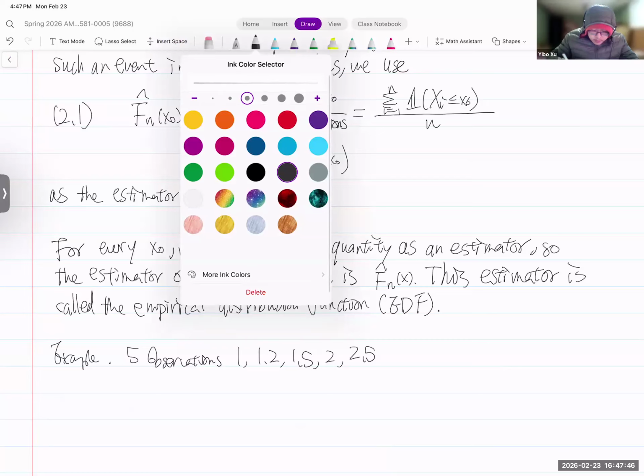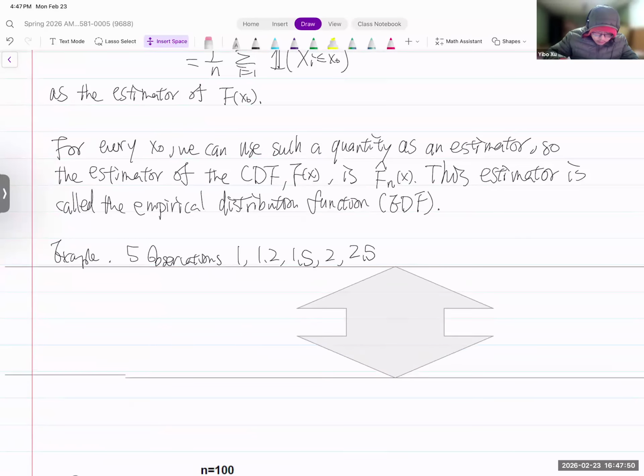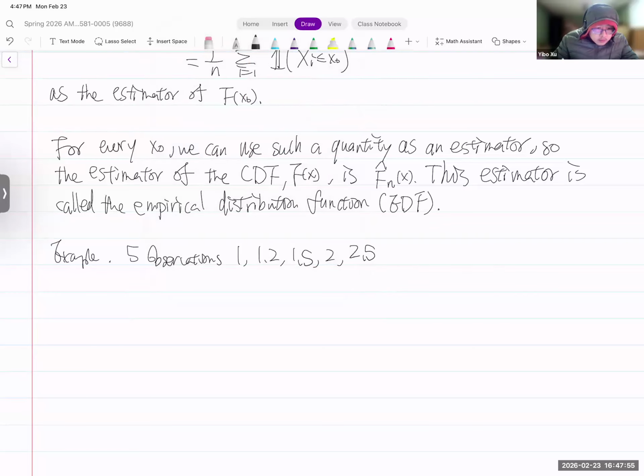I still need a bit more space, so let's go a little bit further away. Five observations. An example of an EDF, empirical distribution function, is below.